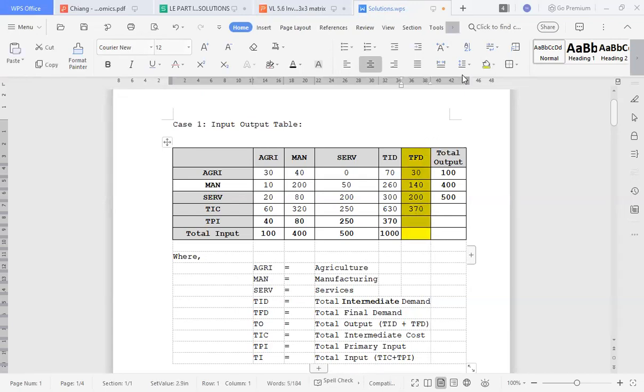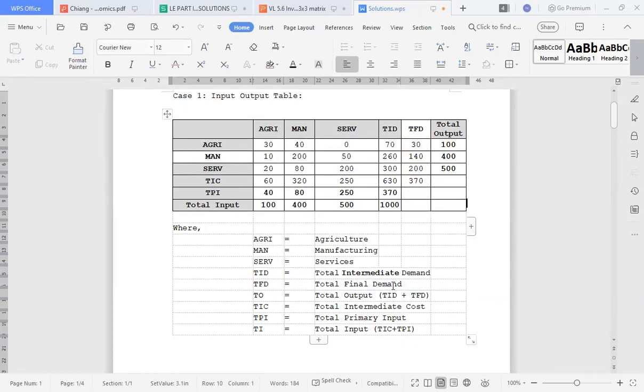Now, what else? The next thing is the total output. So that's TID plus TFT. We also have total intermediate cost. So total intermediate cost is just the sum of these intermediate inputs, the cost of these inputs. So that's 30 plus 10 plus 20.